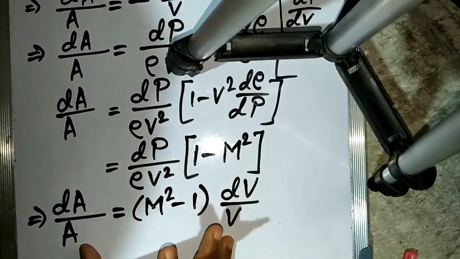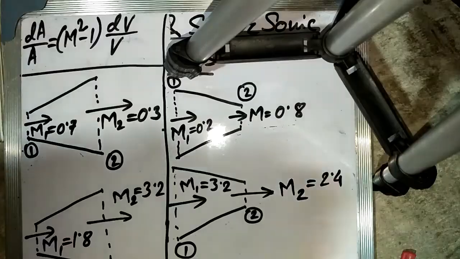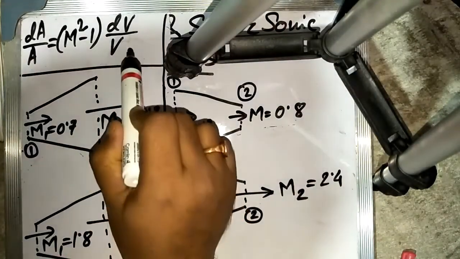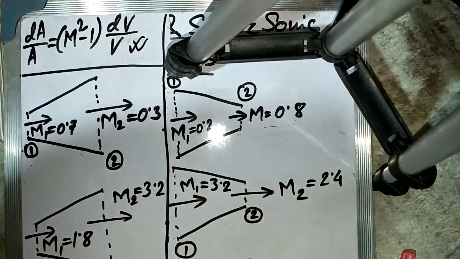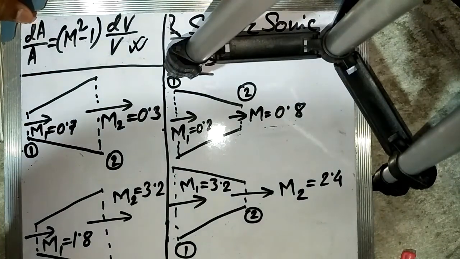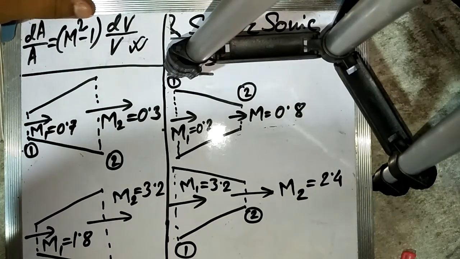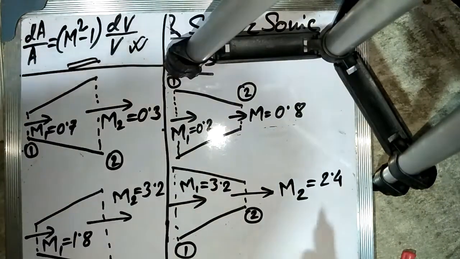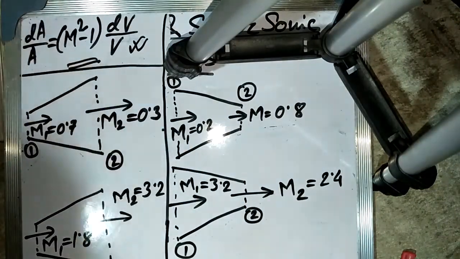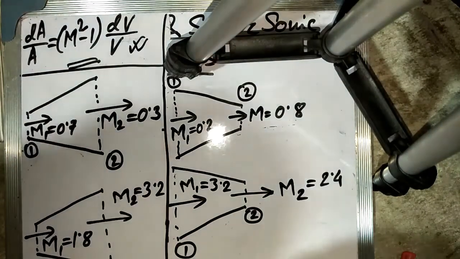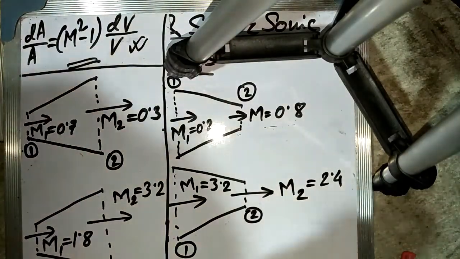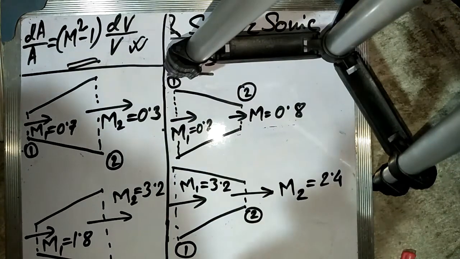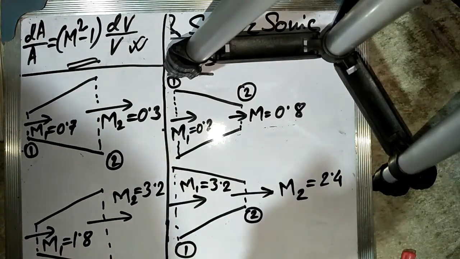Okay, so from the above equation, dA by A is equal to M square minus 1 into dV by V, we can comment that when the Mach number is less than 1, that is when the value of M is less than 1, the inlet velocity is subsonic.